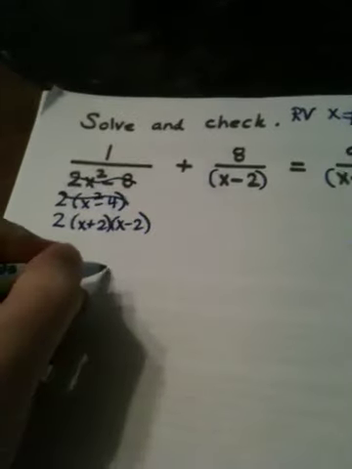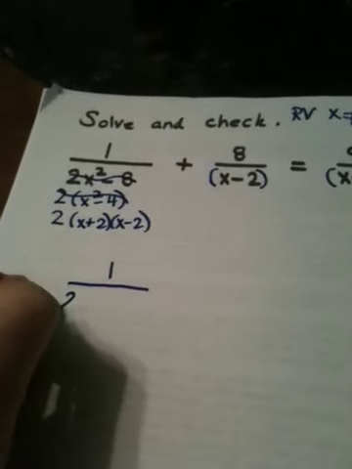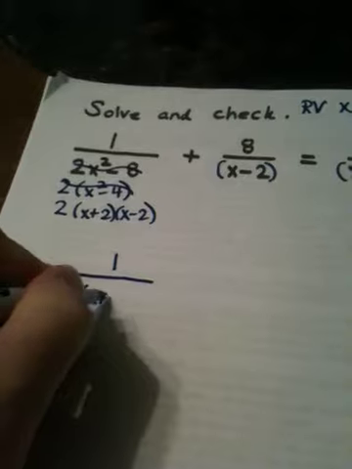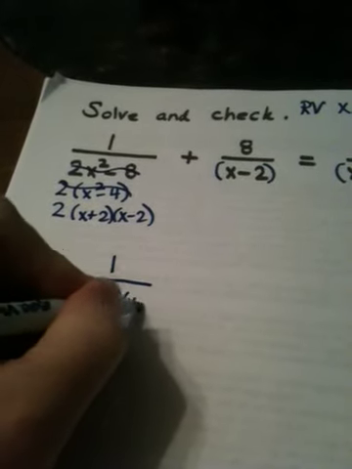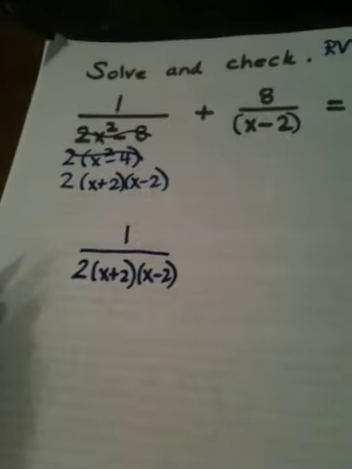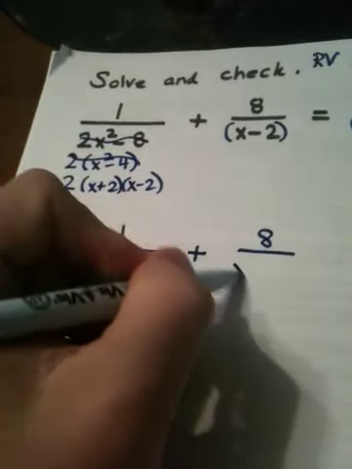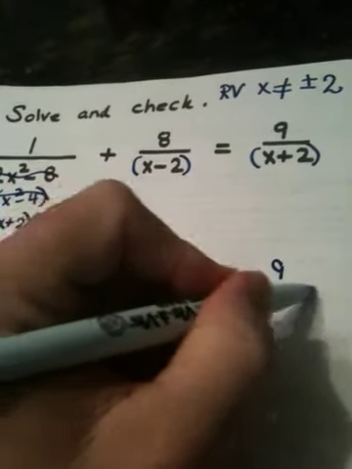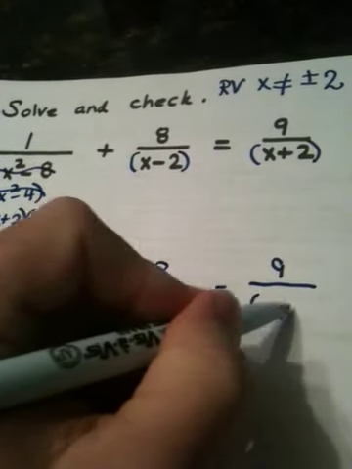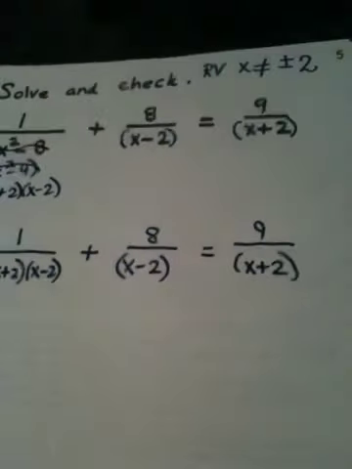So I basically have this equation. Okay? This is what my equation looks like right now. I'm rewriting it. And I'm going to multiply each term through by the LCD.